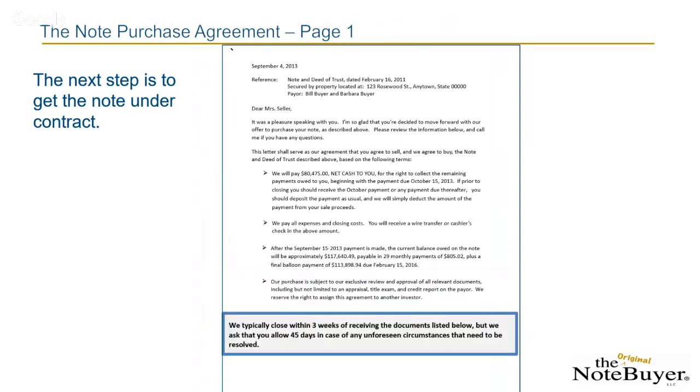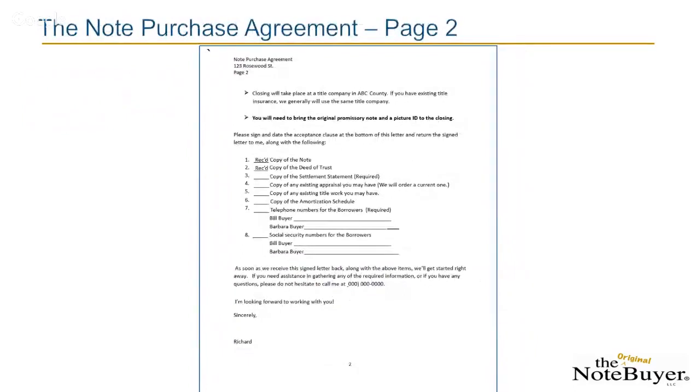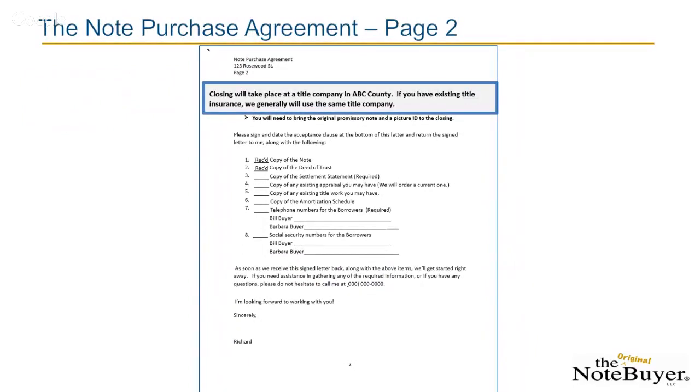We typically close within 3 weeks of receiving the documents, but we ask you to allow 45 days. The closing will take place at a title company in ABC County, which is the county where the property is located. If they have an existing title policy, then we will usually use that same title company.